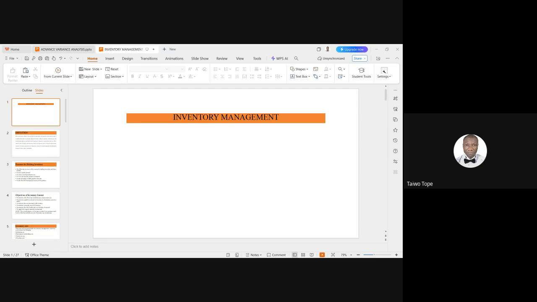So it means that you must ensure that you make available the right quantity of material. That is, if you need 30,000 kg of a product in terms of raw material, you should ensure that that 30,000 kg is available, not you having less or having more. Because when you have more, that stock, you are not just getting it free of charge, you are using money to obtain it.